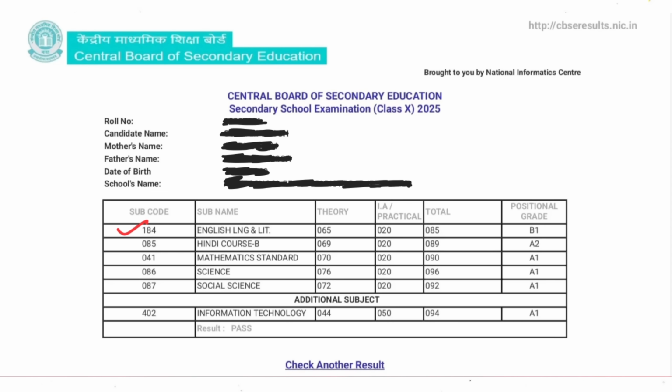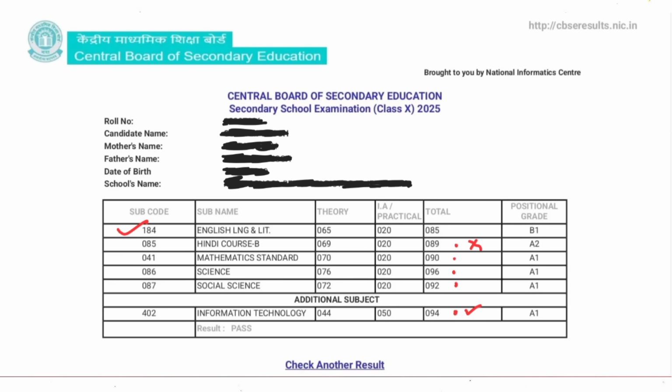Now for the remaining 4 subjects, you can choose the highest scoring subjects. As you can see here, English is compulsory, then Hindi is 89, Mathematics Standard 90, Science 96, Social Science 92 and IT 94. So out of this, he can exclude Hindi, which is 89, and he can include IT.